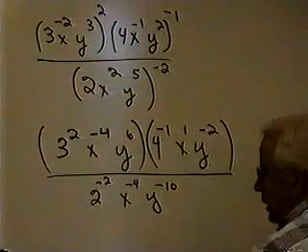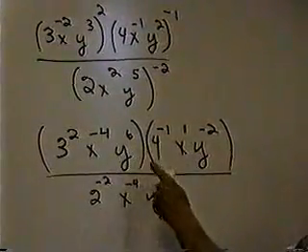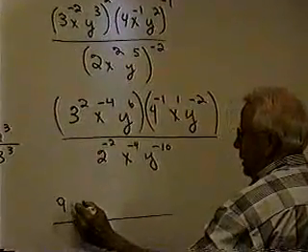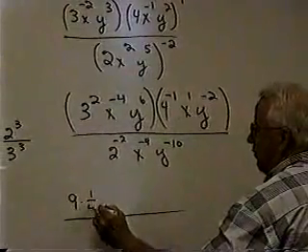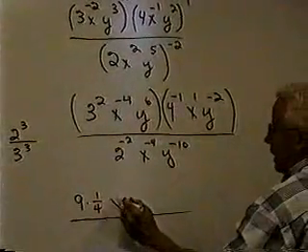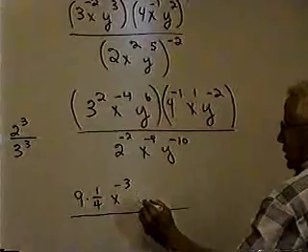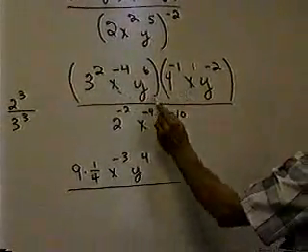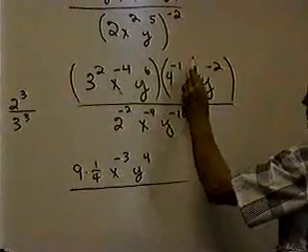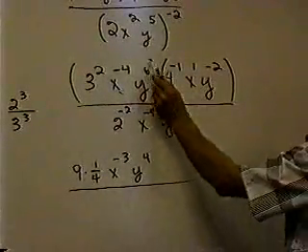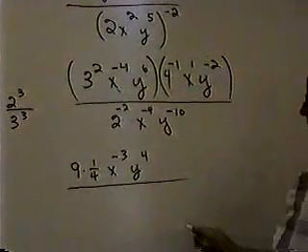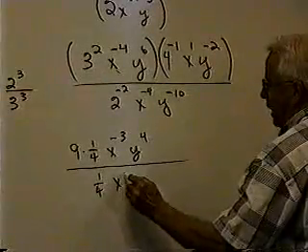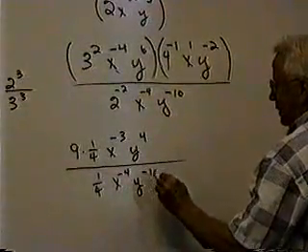All right, so here we go. Next step, let's get right here. So we have 3 squared, which is 9, times 1/4, times x to the -3, times y to the +4. Multiplying this x times that x, add powers, y times a y, add powers. Okay. On the bottom I have 1/4, okay, x to the -4, y to the -10.